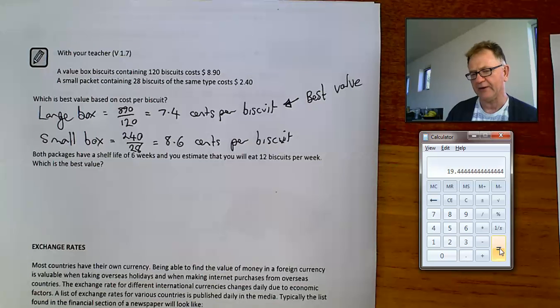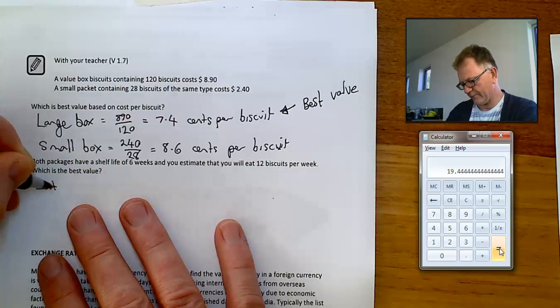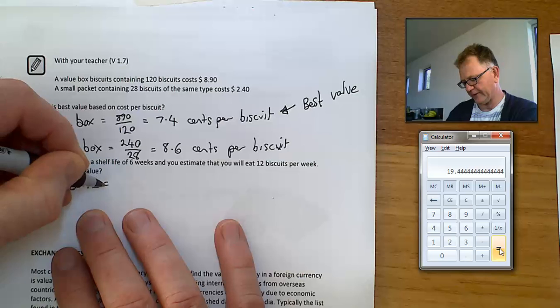Now that means over the 6 weeks they'll eventually get stale. By that stage we would have eaten 6 times 12, which is 72 biscuits.